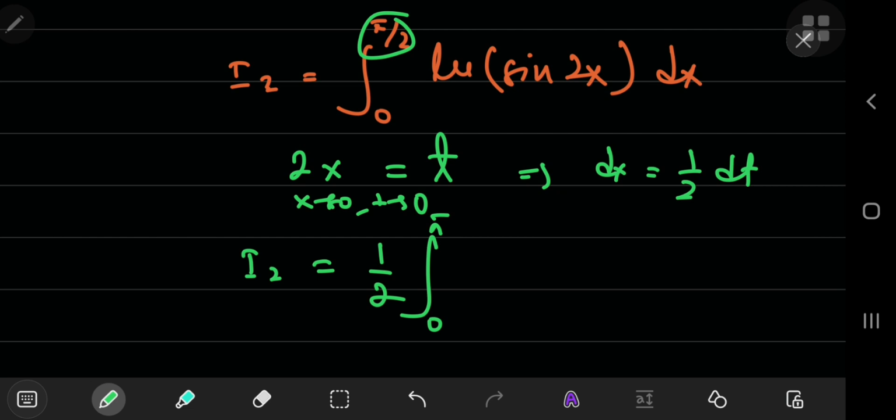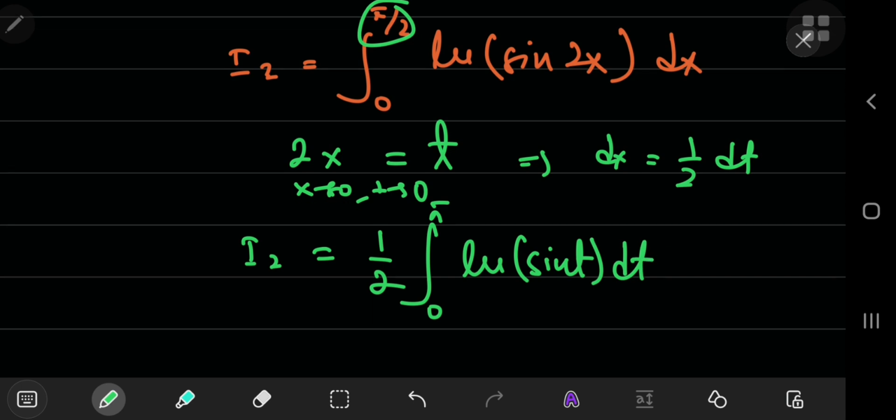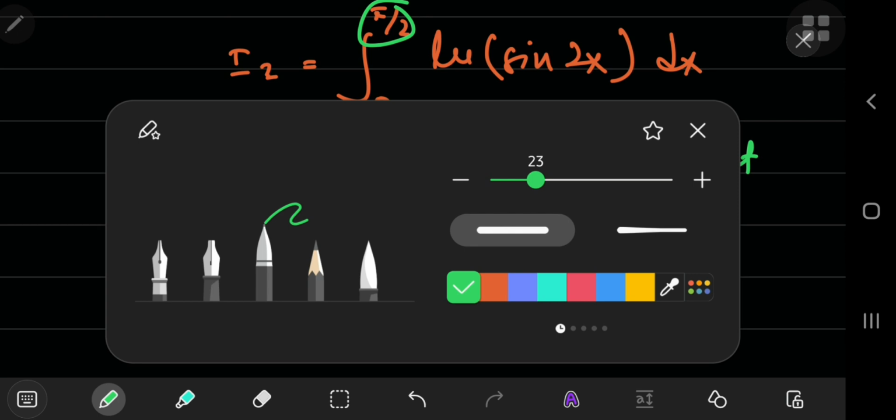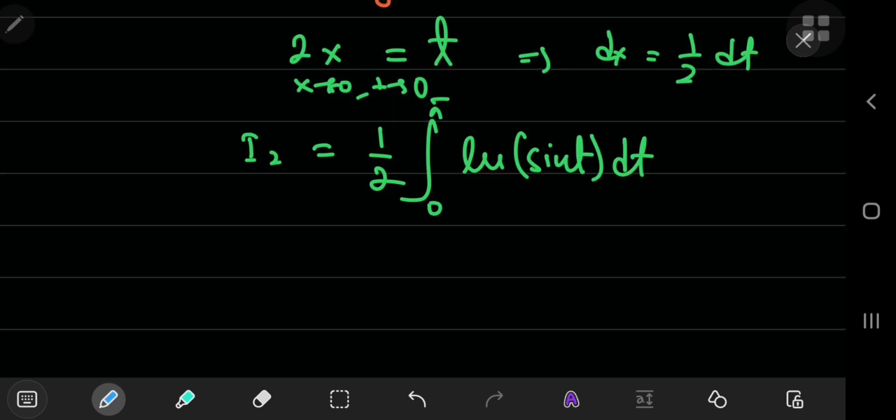So we're integrating from 0 to pi the natural log of sine of t with respect to t. Now, it would have been really cool if we did not have a pi as the upper limit of integration. It should have been a pi by 2, right? So that would have made things so easy. However, we can do something like that.